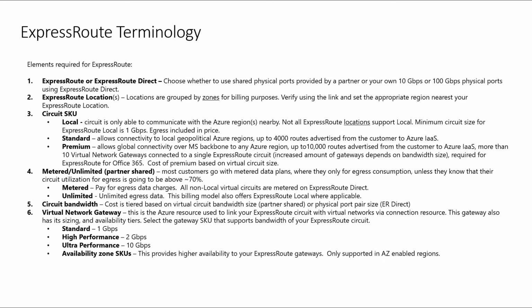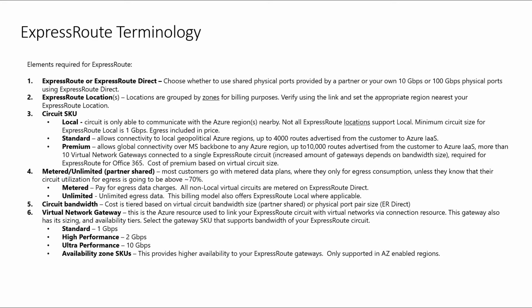If I talk about local ER, a local ExpressRoute circuit is meant to connect to the nearest Azure region. If I buy a local circuit in Seattle, I will be able to connect to the nearest Azure region, which is East US. So that's a good example of local ER.